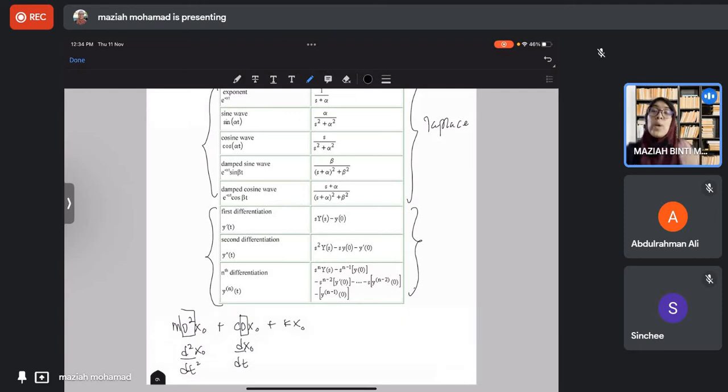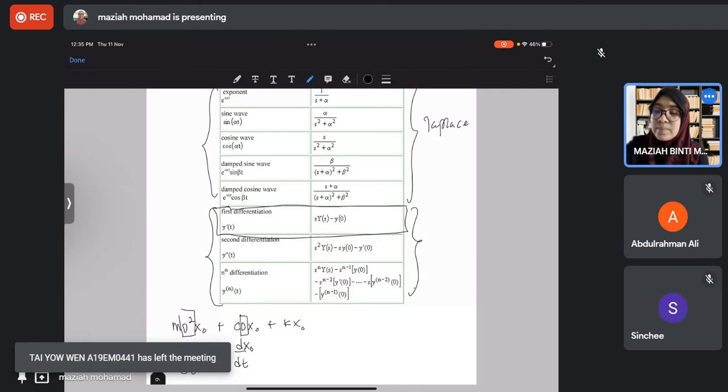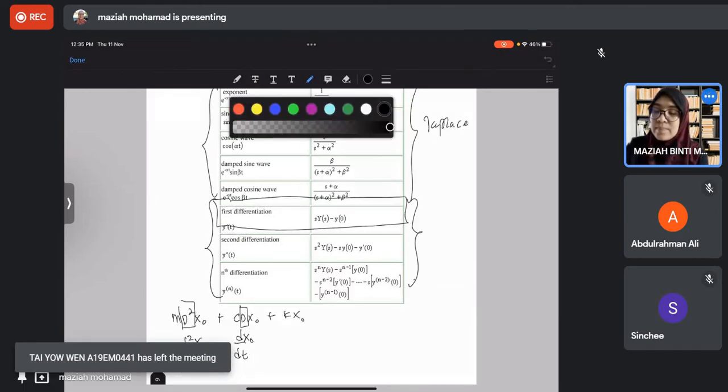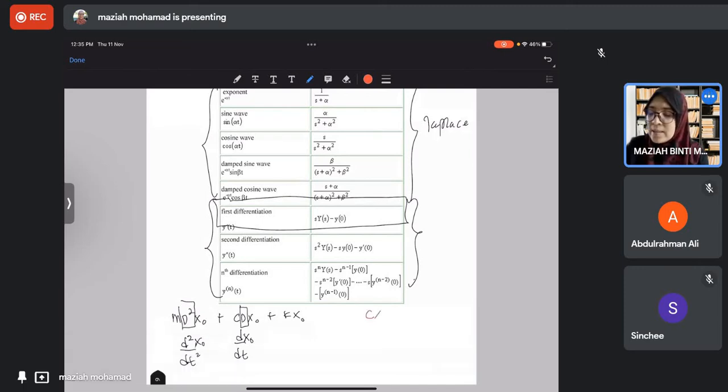So when there is a first differentiation, like c d here, in Laplace you transform that to become sY(s) minus y(0). For example, first differentiation, we have c d x naught.